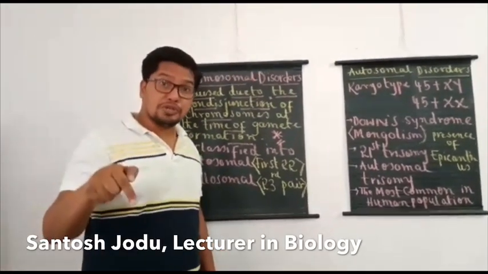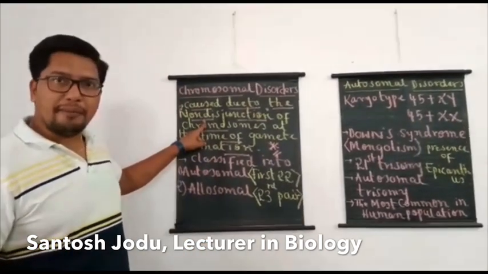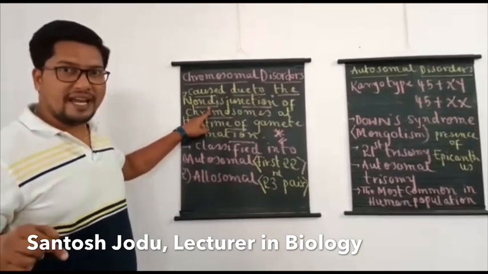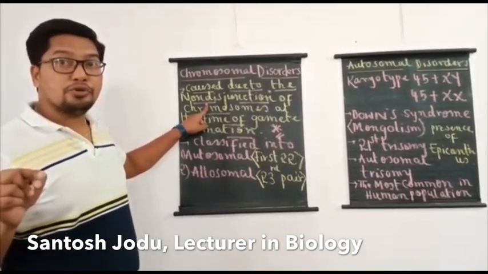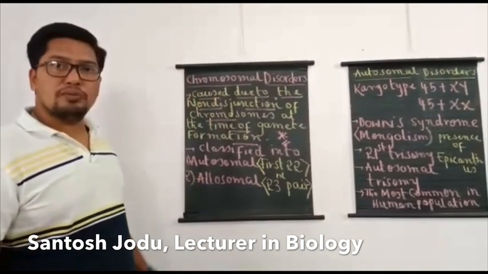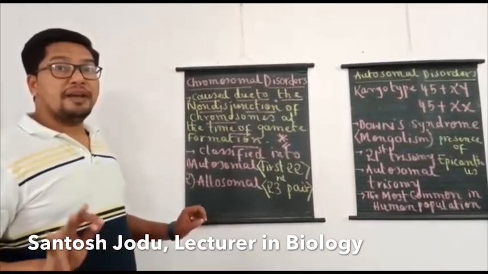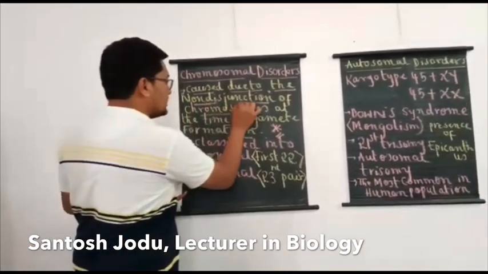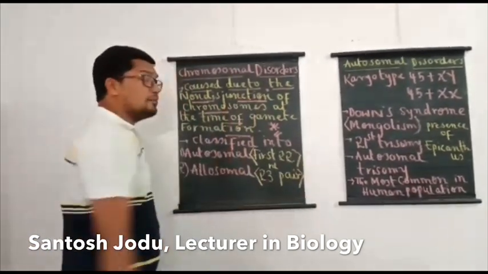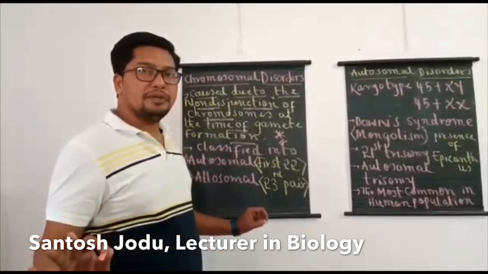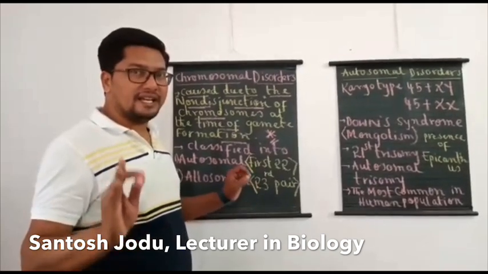But unfortunately, when a pair of chromosomes fails to segregate, gametes are going to be abnormal and it results in a chromosomal disorder. So the ultimate reason for chromosomal disorders is the non-disjunction of chromosomes at the time of gamete formation. Non-disjunction simply means failure to segregate.